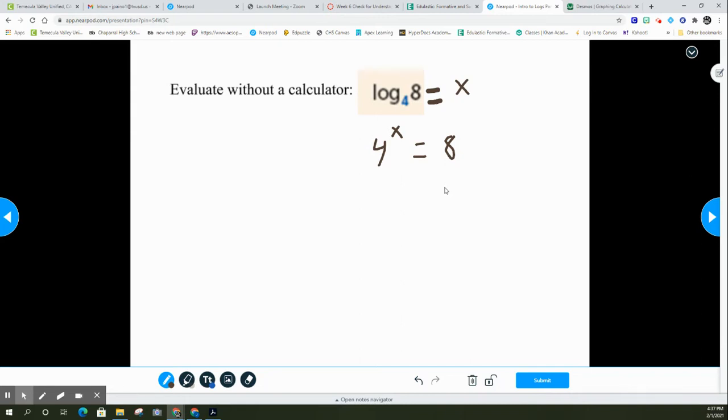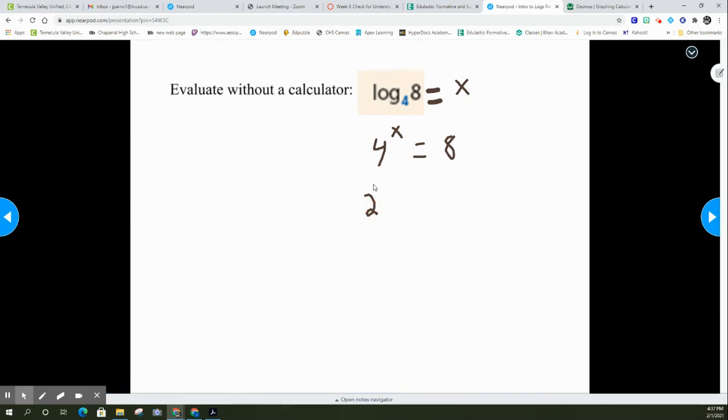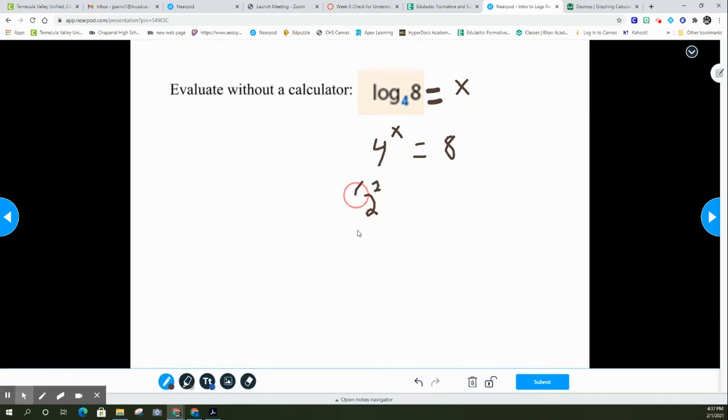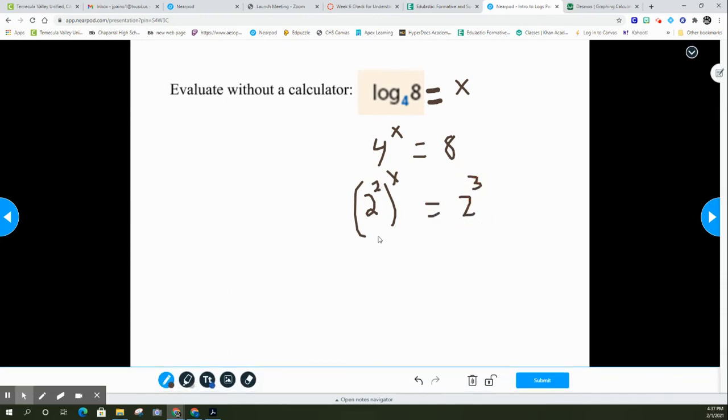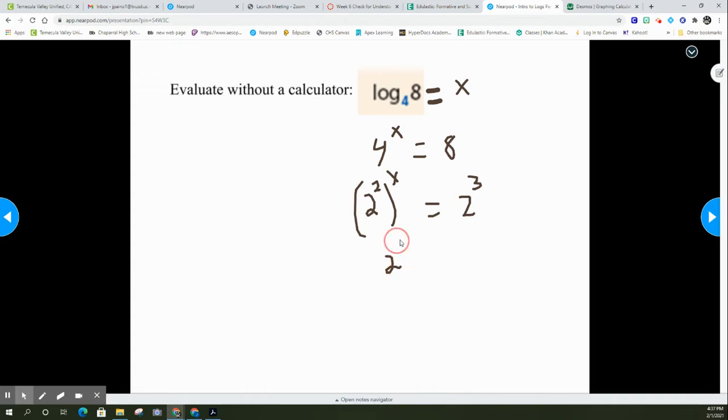Well, we want to get to the same base. In all the other ones it was pretty easy to write as the same base, but this one always changed that base. Here I'm going to have to change both of them. I can change both of these to base 2. So 4 is 2 squared, and 8 is 2 cubed. So power to the power, this is just saying 2 to the 2x equals 2 cubed.